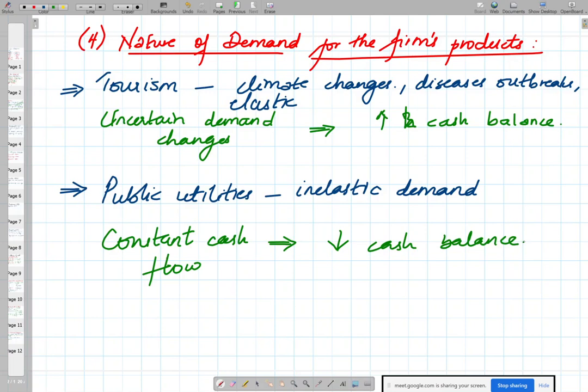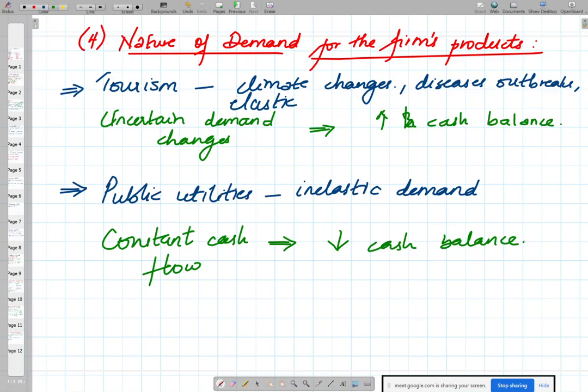Is this clear? So some businesses have elastic demand. Elastic means it fluctuates a lot. It can go up during certain seasons or because of certain conditions, and it can fall during other seasons. Whereas some businesses like public utilities, or those that provide essential goods and commodities, the demand doesn't really fluctuate as much. It is inelastic. It doesn't keep changing every now and then.